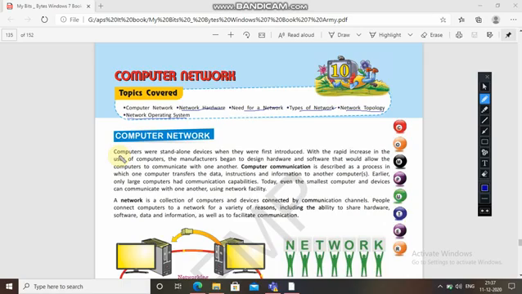With the rapid increase in the use of computers, the manufacturers began to design hardware and software that would allow the computers to communicate with one another.